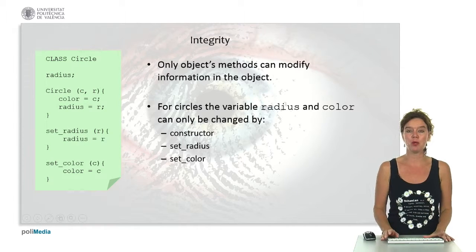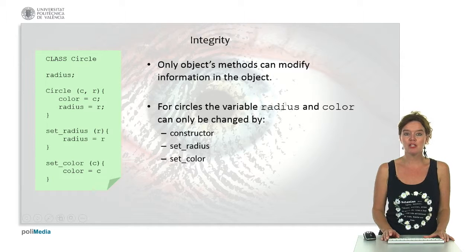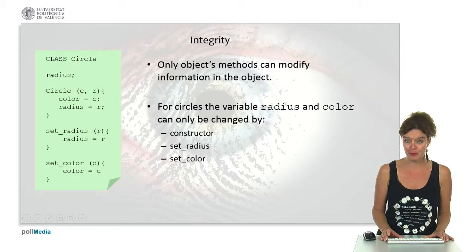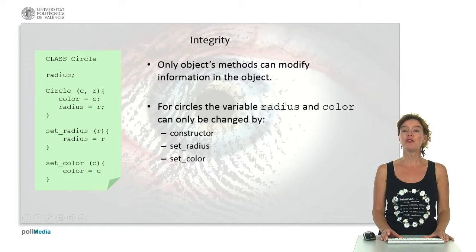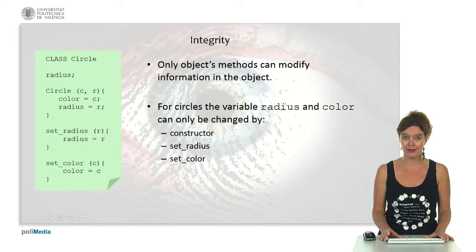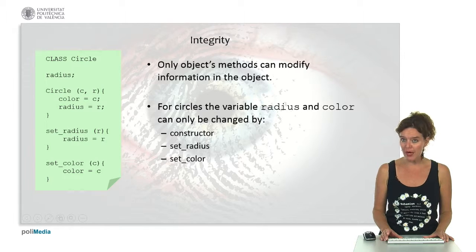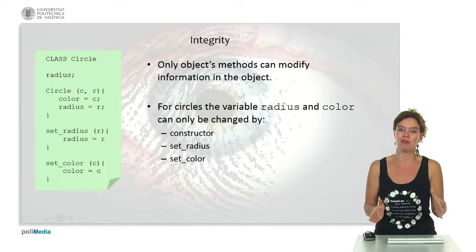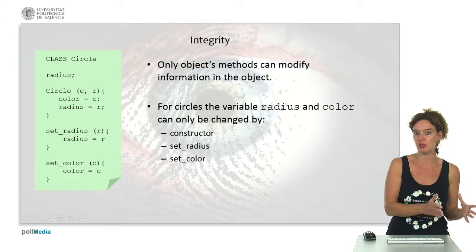So in, for example, our circle, we can only change the color and the radius through the constructor when we create an instance of this class, through the set radius, the setter, and the set color. And there's no other way we can do to change the value of these variables. And this makes the integrity higher, because we know that if we change variables, we have invoked or called a method of the object.